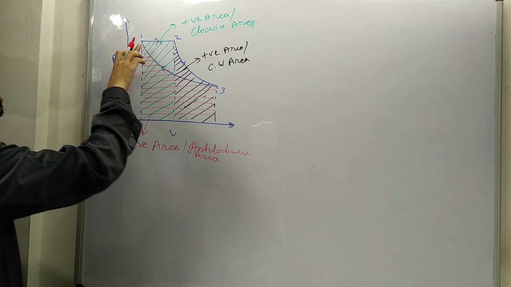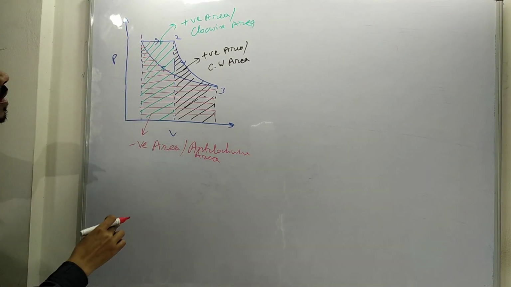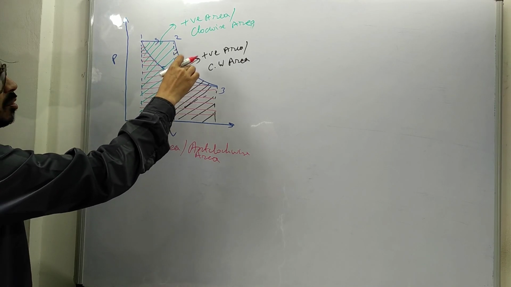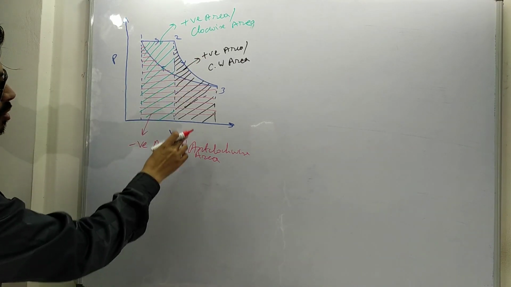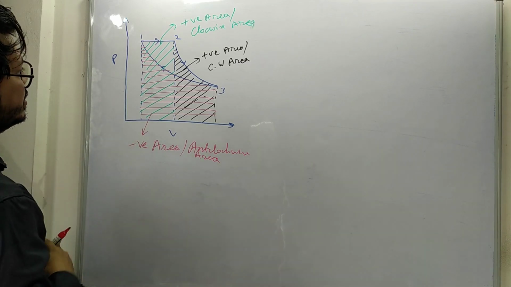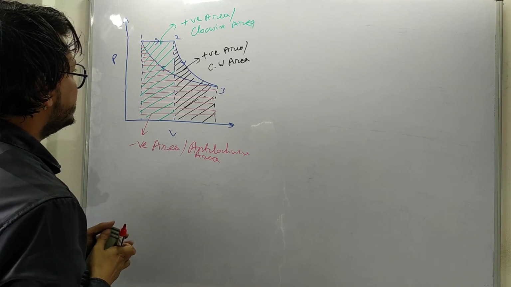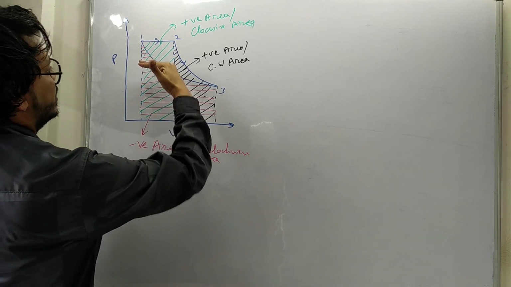So the positive, or clockwise, area is the area under the processes 1 to 2 and 2 to 3, but for process 3 to 1 it is an anti-clockwise area, or negative area.